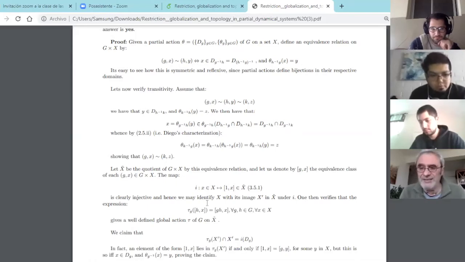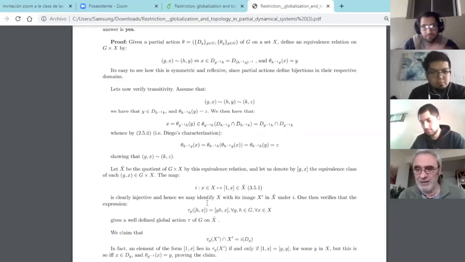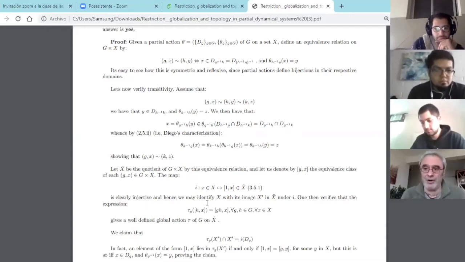So you need this extra variable, which is G or G times H minus 1, to enlarge things and to take into account how you go from X to Y. So finally, the space, even after making the quotient, will be larger, and not an orbit space in which each element is an orbit, which is smaller.